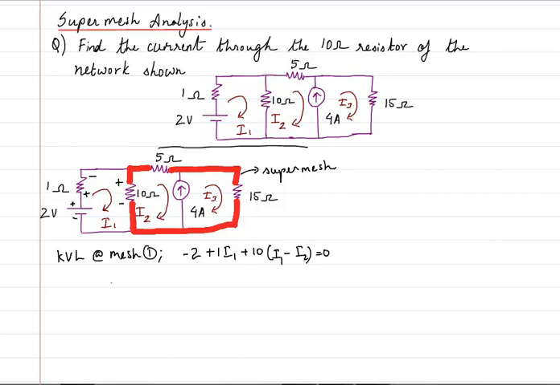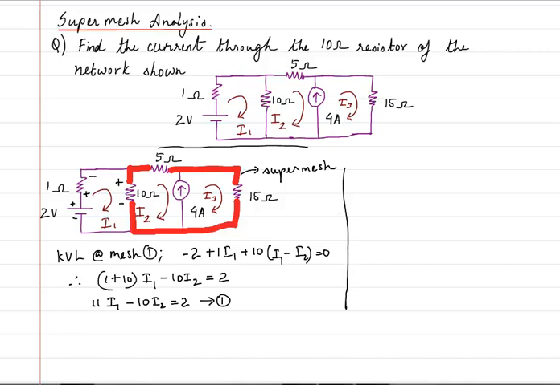So that one is done. Therefore I will take minus 2 to the other side, and I will combine 1 plus 10 together for I1, and for I2 I will write minus 10 I2. So this is basically 11 I1 minus 10 I2 is equal to 2. So this is my first equation for the first mesh.